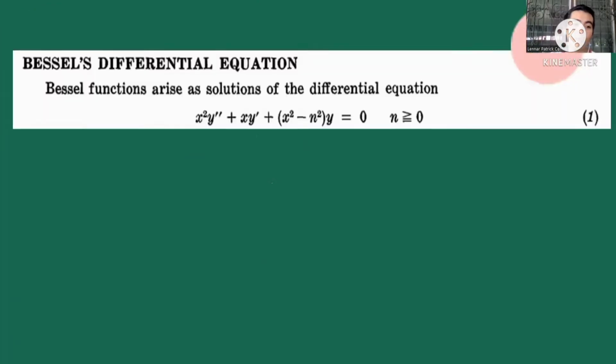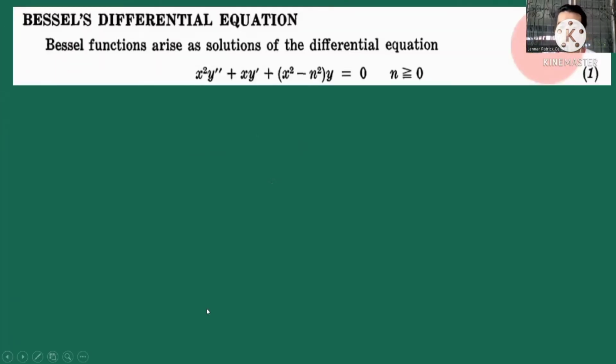So next tayo. Dito tayo sa first equation natin, yung Bessel differential equation. Yung Bessel functions arise as solution of the differential equation x squared y double prime plus xy prime plus x squared minus n squared y is equal to 0, n is greater than or equal to 0.